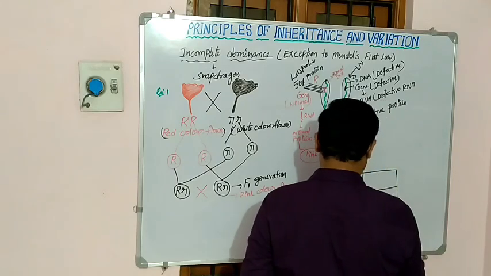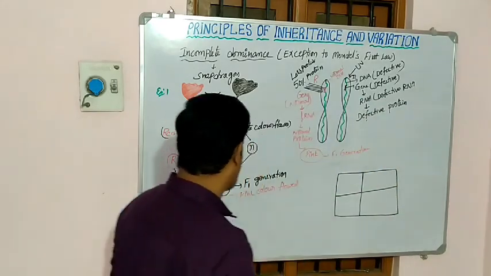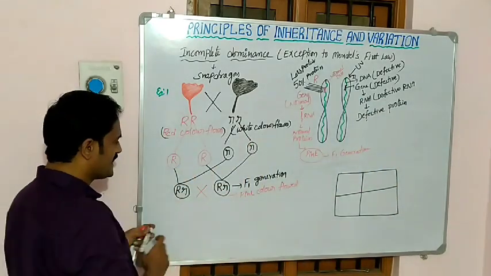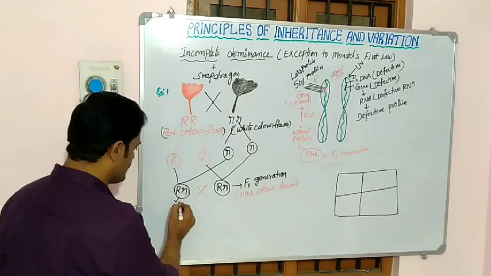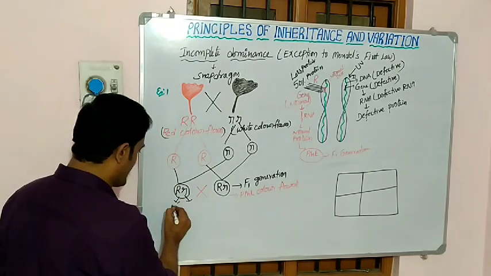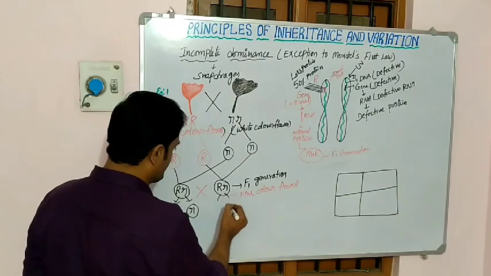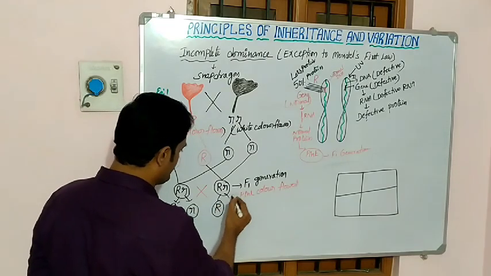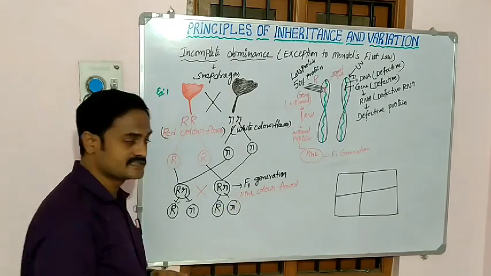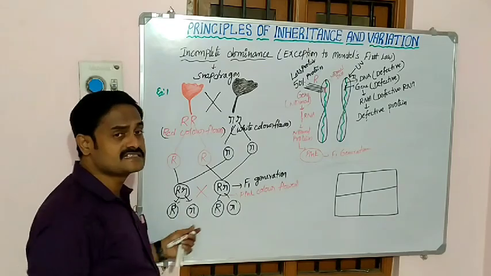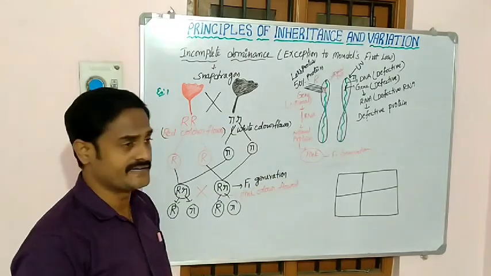See, this is the Punnett square. I will take gametes. Already you know what kind of gametes it produces. Capital R one gamete, small r one gamete. Here also capital R one gamete and small r one gamete. So these gametes are taken into the Punnett square.